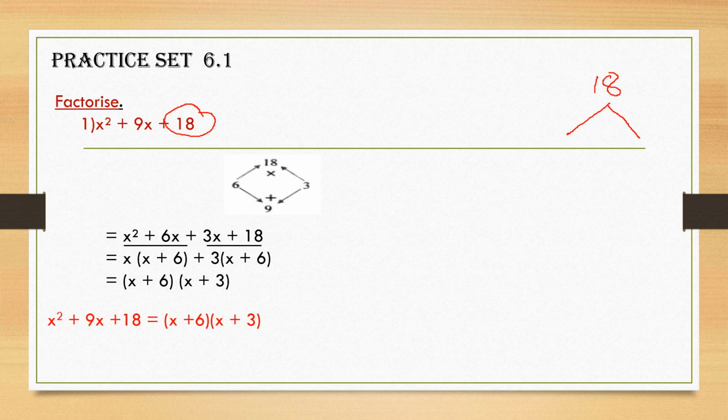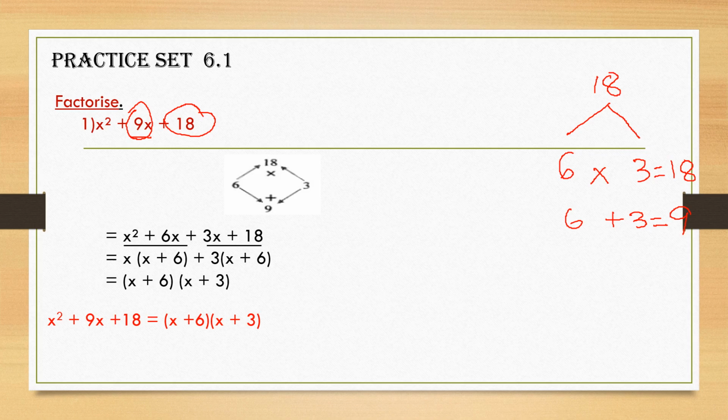In this case the middle term is 9x, so we should get 9 after adding those two numbers. If I take the numbers 6 and 3, 6 multiplied by 3 will give you 18, and if you add these two, 6 plus 3, that will give you 9, and 9 is the middle term in this expression.